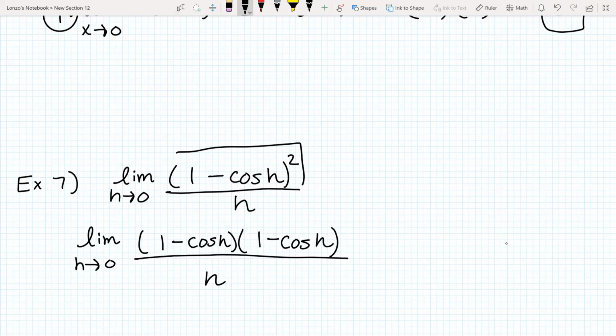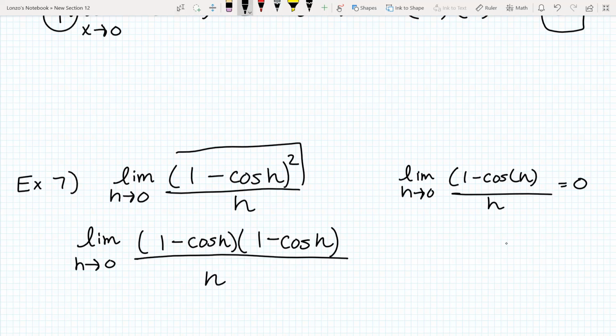Now, can we use one of our identities? Yes, we can. We have the identity that the limit as h approaches 0 of 1 minus cosh all over h becomes 0.